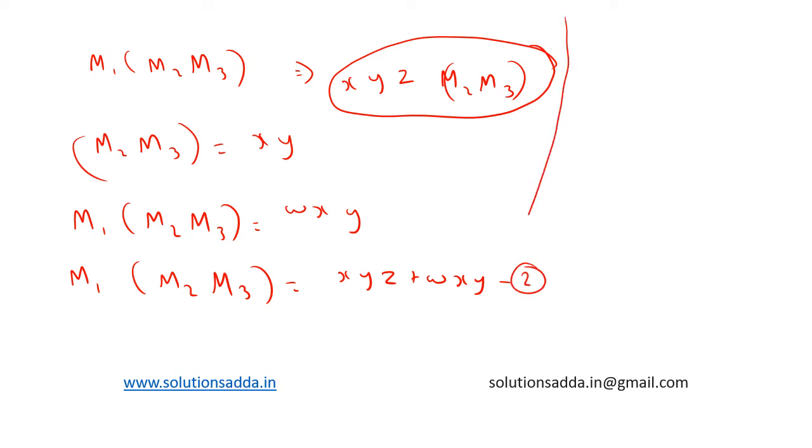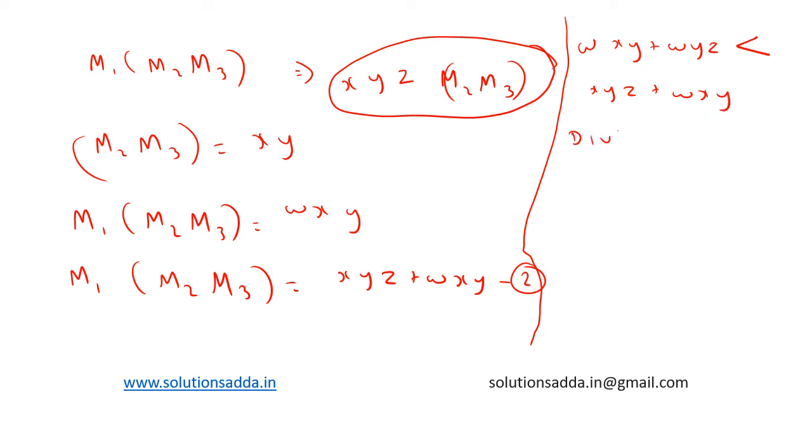Now assume this as follows. That is, to have a lesser time of computation, the constraint is that WXY plus WYZ should be less than XYZ plus WXY.